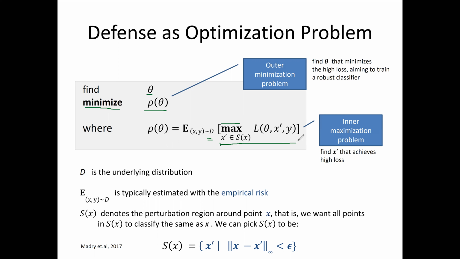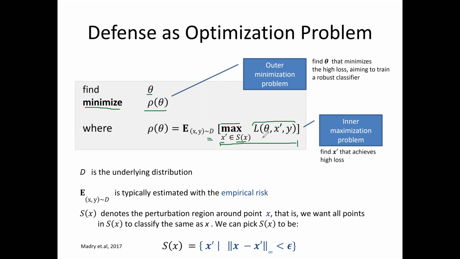What this max says is, let's think of it this way. Let's pick a point X over here, and we have some region around X, some S of X. This may be the L infinity ball around X that we looked at before. And let's find a point X prime in that region which maximizes the loss that we are going to be using for training.